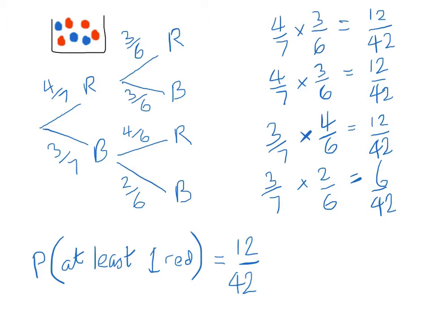So that's basically the same as 12 out of 42 multiplied by 3, which is our 36 out of 42. And of course we are aware of equivalent fractions, so we can simplify this one here. They're both in the 6 times table, so dividing them both by 6 we get 6/7.